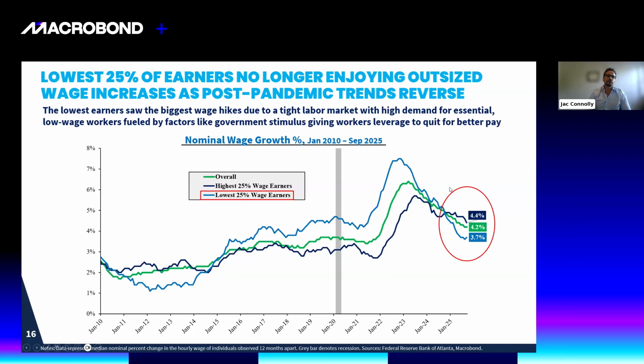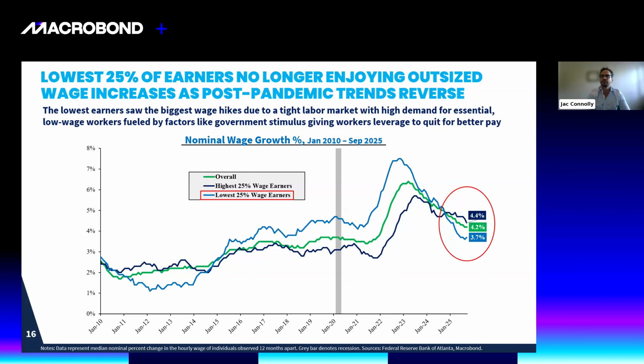And then finally, I just wanted to talk about how we're seeing this K-shaped nature of the economy take shape in the labor market. What we're looking at here is wage growth by the top 25% of earners and the lowest 25% of earners. We know that exiting COVID, the lowest earners saw the largest wage hikes due to a tight labor market with high demand for essential workers.